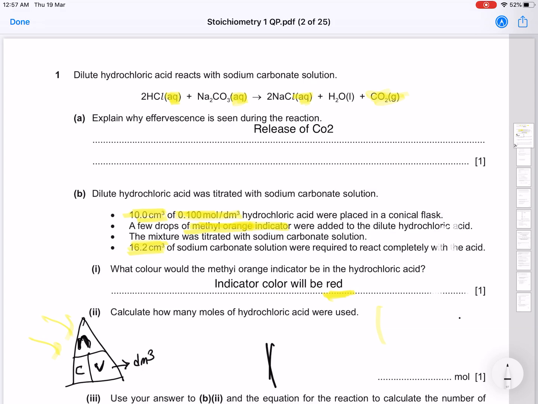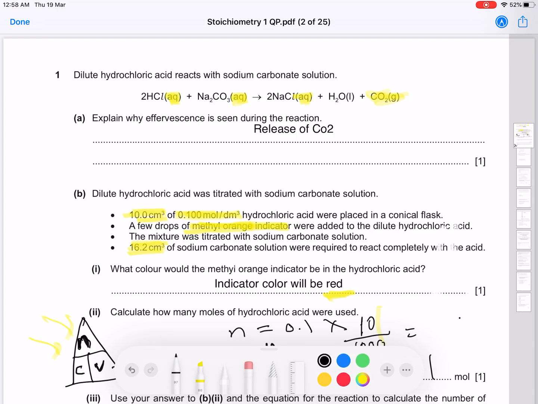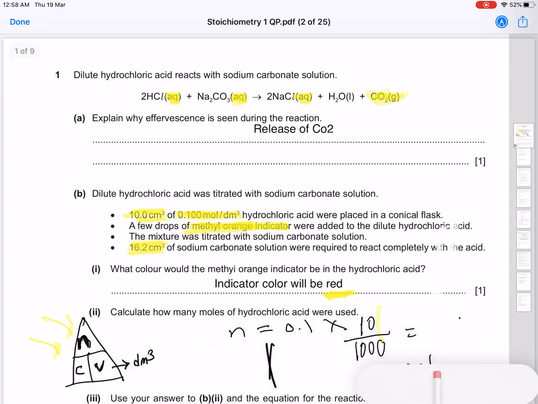So simply to find the number of moles of the hydrochloric acid, I need to multiply the concentration, which is 0.1, times the volume. The volume here, guys, is in centimeter cube, so don't forget to divide it by 1,000 to convert it to decimeter cube. So it's gonna be 10 over 1,000. The total answer will be, let me use my calculator, 0.001 mole. All right, that's the number of moles of the hydrochloric acid.